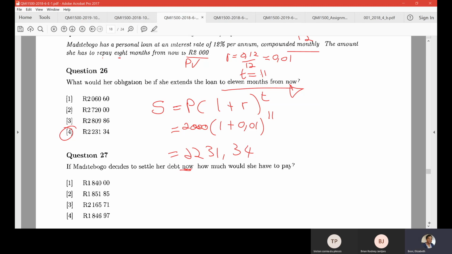So our R will still be 0.12 divided by 12. What will be your T? Who can tell me what will be the T? Because this now is moving backwards, when it's moving backwards, your T will be minus 8.